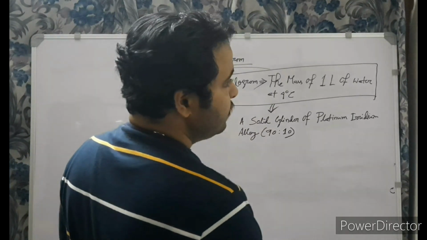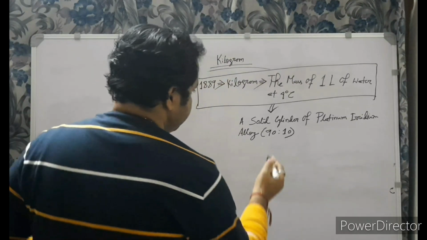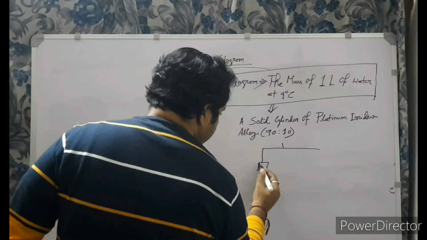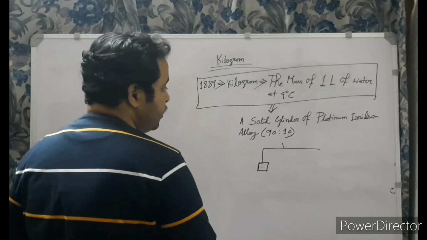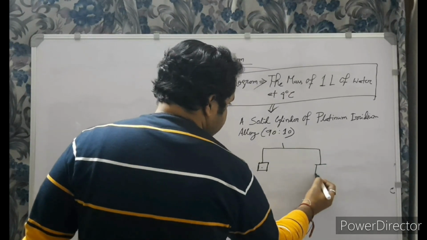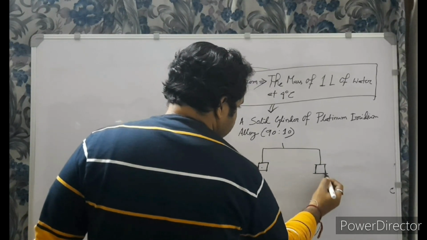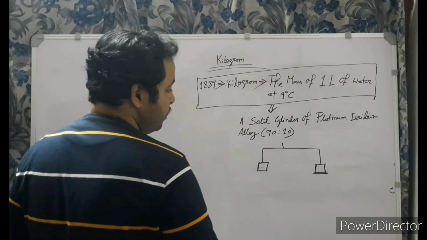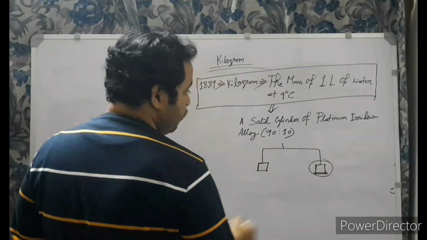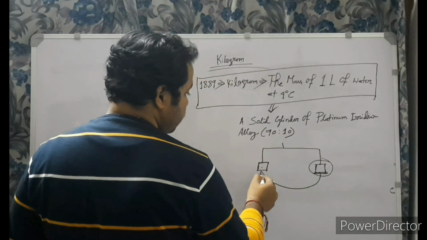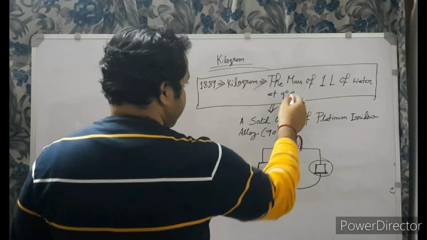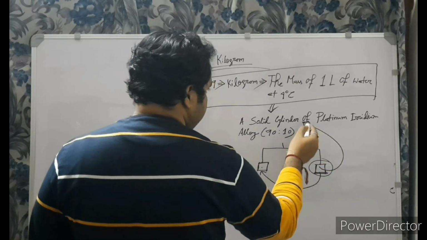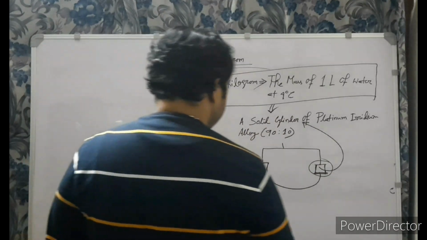right? So what they did, say they kept 1 liter of water at this side at 4 degree centigrade and measured replicas of platinum iridium alloy on this side, and when one of them equaled the weight of 1 liter of water at 4 degree centigrade, this platinum iridium alloy was taken as the perfect replica, right?